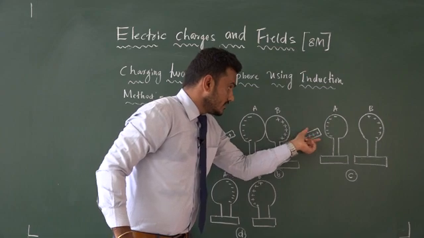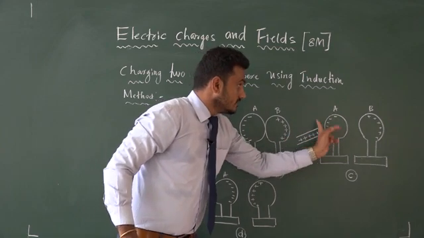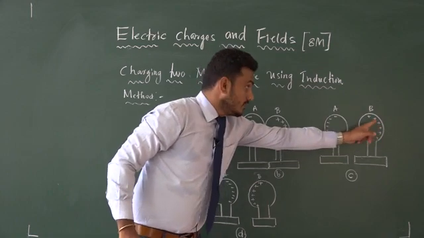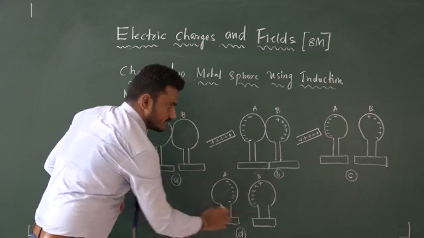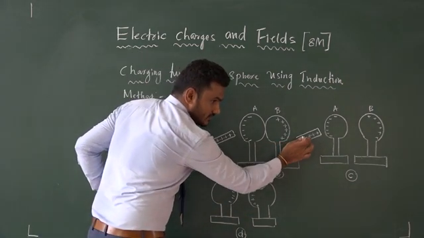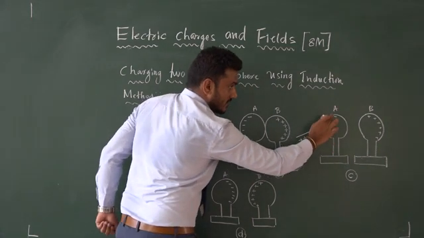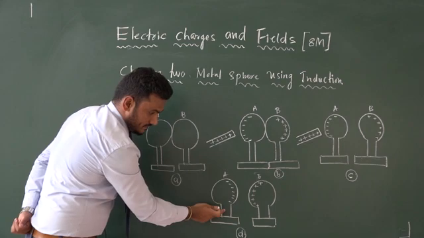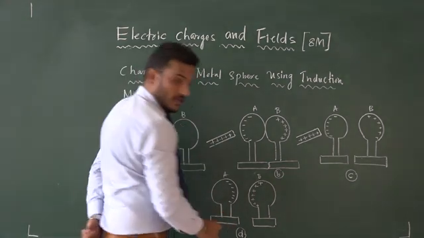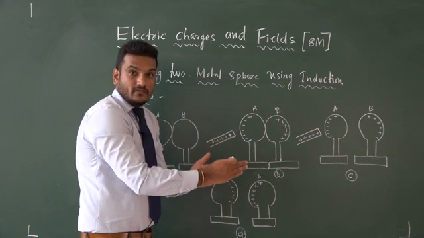When you remove it, the electrons are going to be attracted towards the positive charge. Positive charge attracts negative charge. So the charges in metal spheres A and B rearrange like this. Now in the next step, we are going to separate the two metal spheres widely.